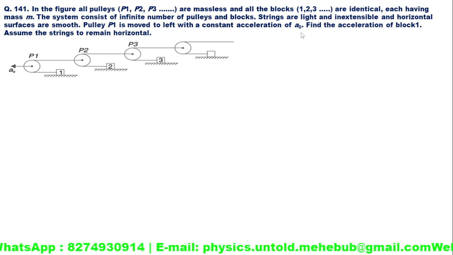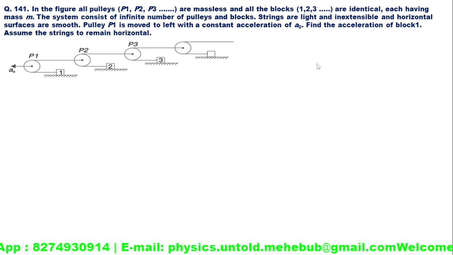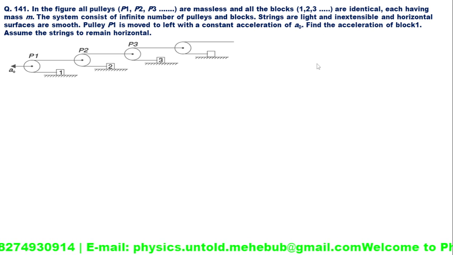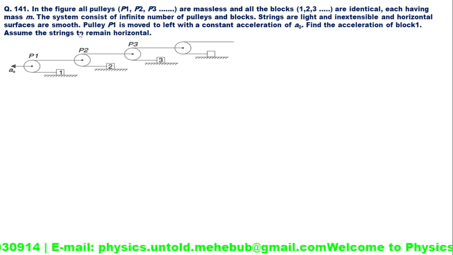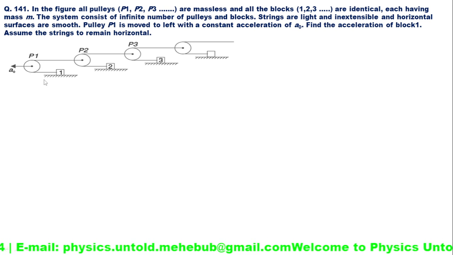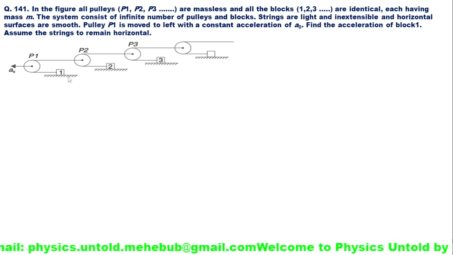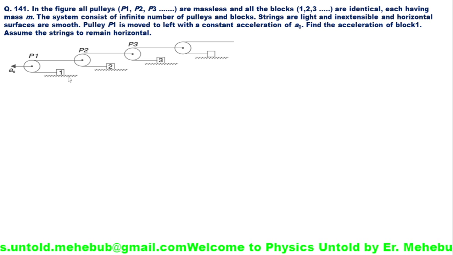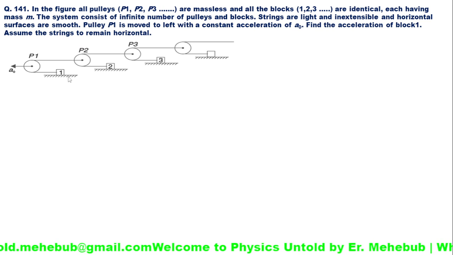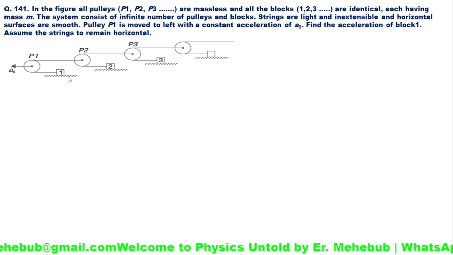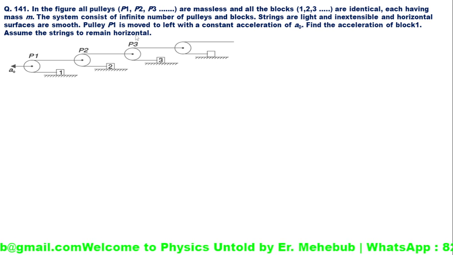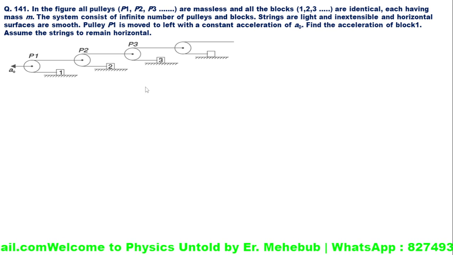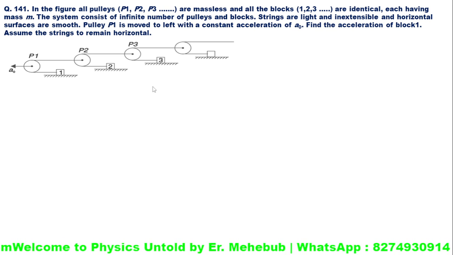But in this case it is inextensible, therefore it will act like an ideal string. And horizontal surfaces are smooth, and all the surfaces on which the blocks are placed are smooth. The significance of the smooth surface is that in the entire problem there is no friction between the surface and the blocks.